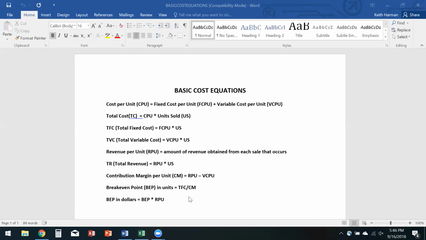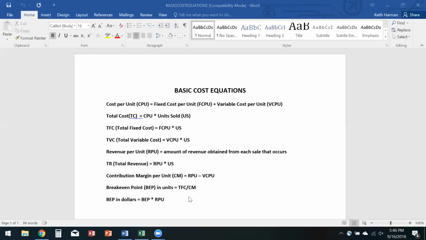The break-even point in units is our total fixed cost over contribution margin. And then finally, the break-even point in dollars is the break-even point in units times the revenue per unit.